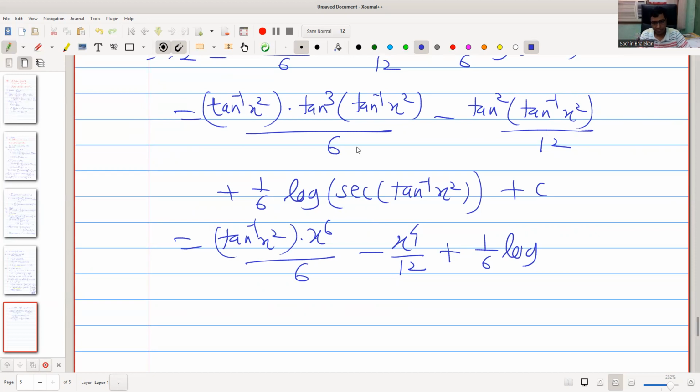So this is square root of 1 plus tan square of tan inverse x square, so it is x raised to 4, plus c. So this is the required answer.